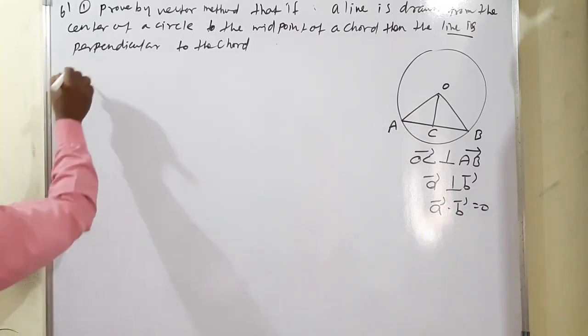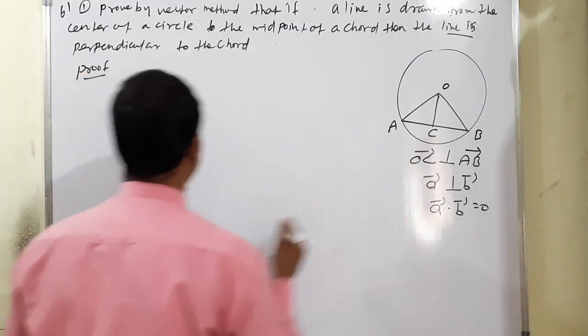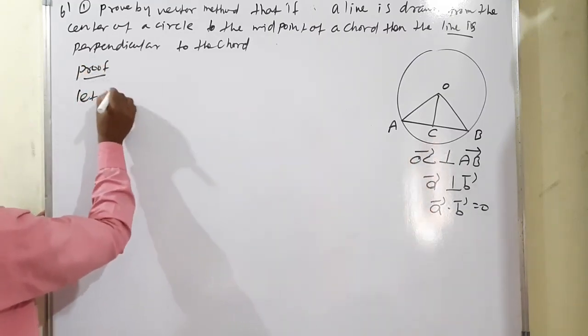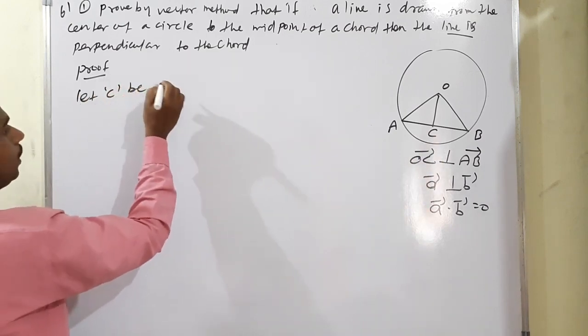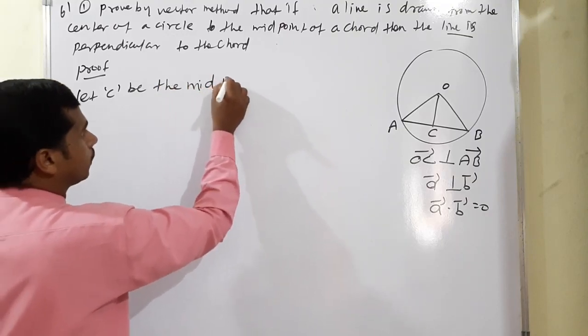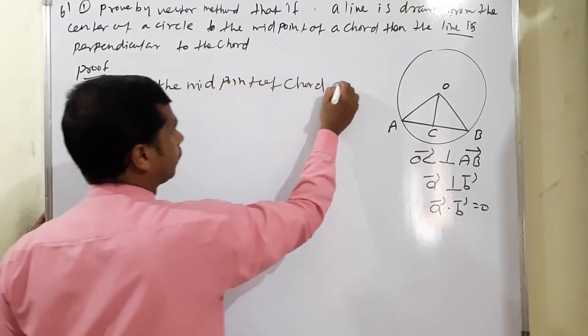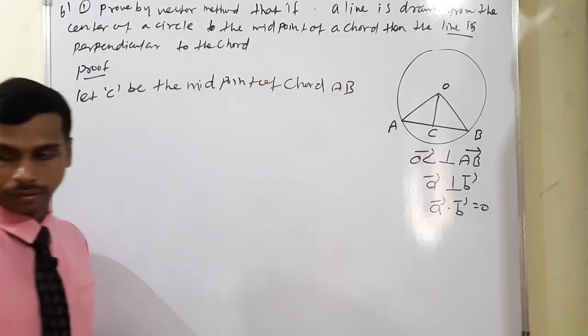I will prove. Let C be the midpoint of chord AB, first line.